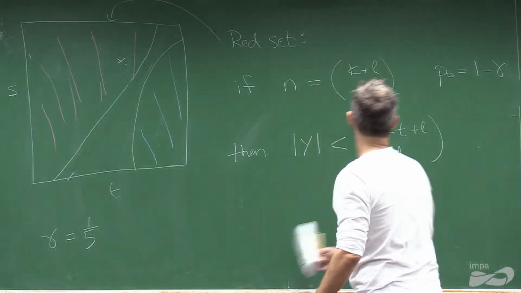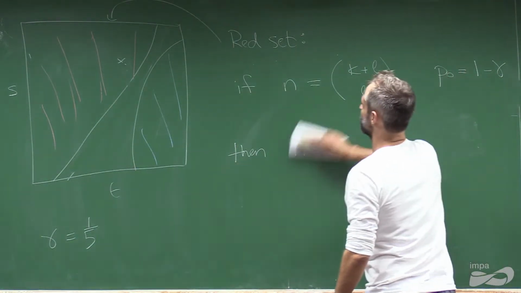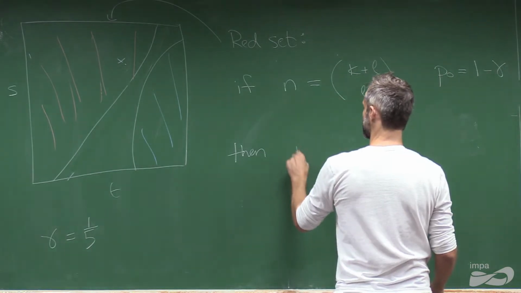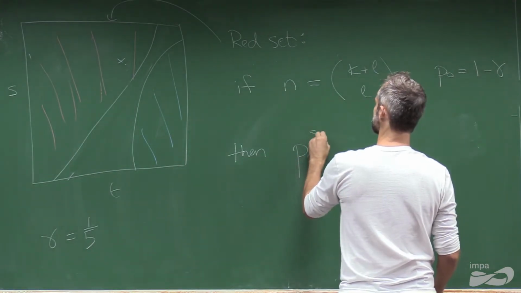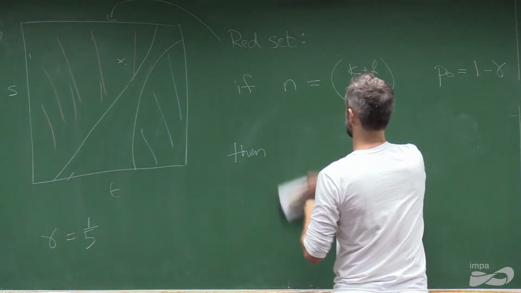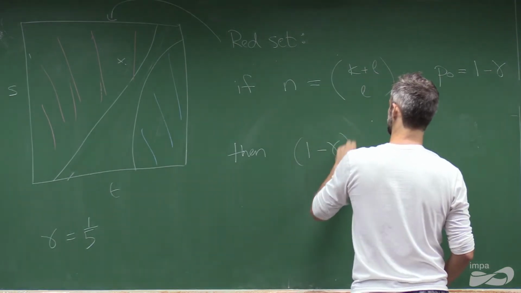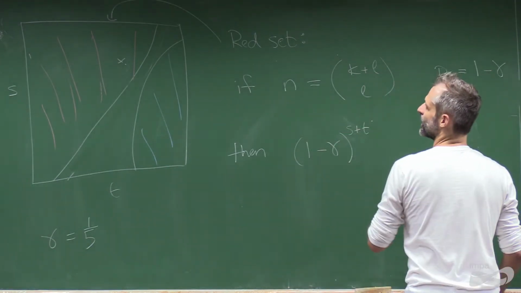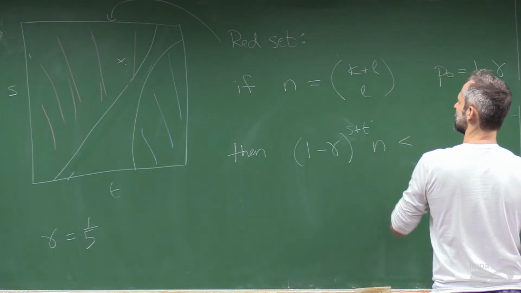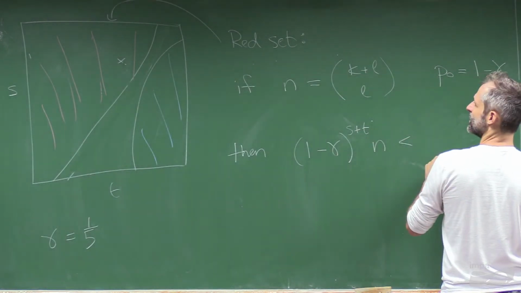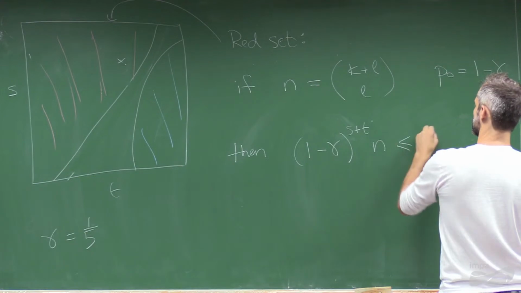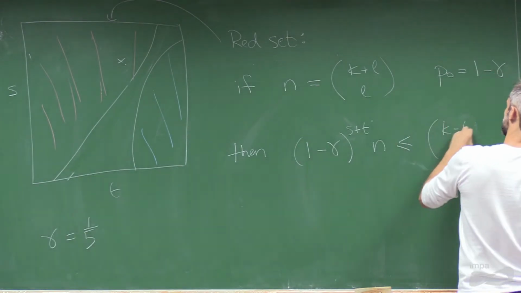So the boundary is p0 to the s plus t, so (1 minus gamma) to the s plus t, times n is less than k minus t plus L, choose L.